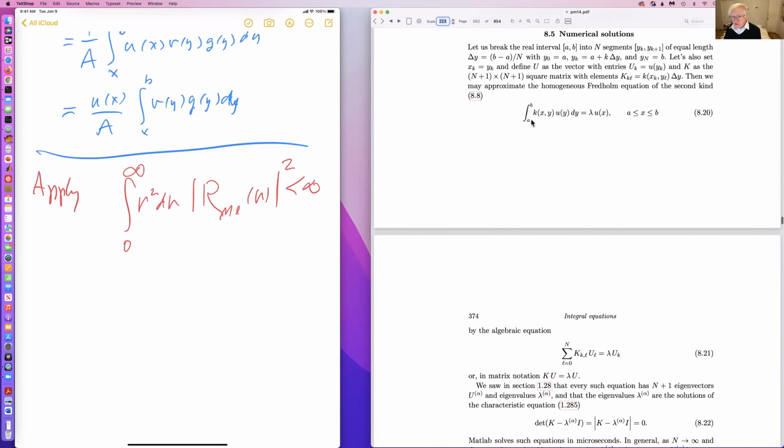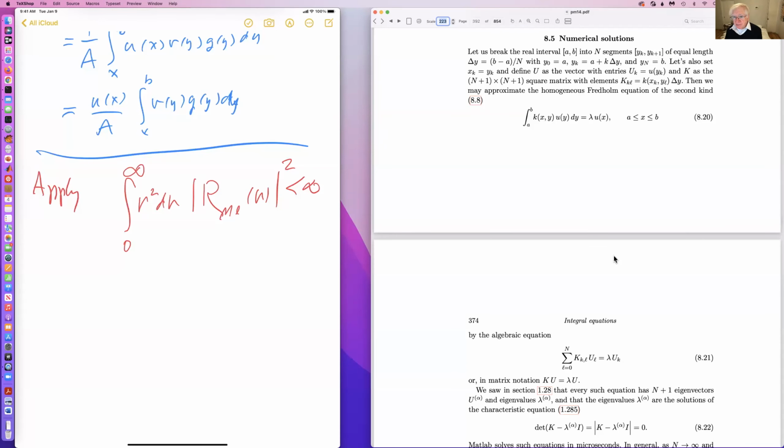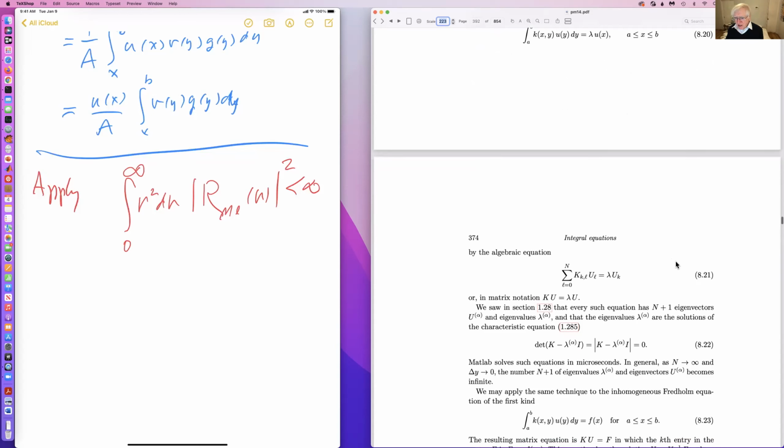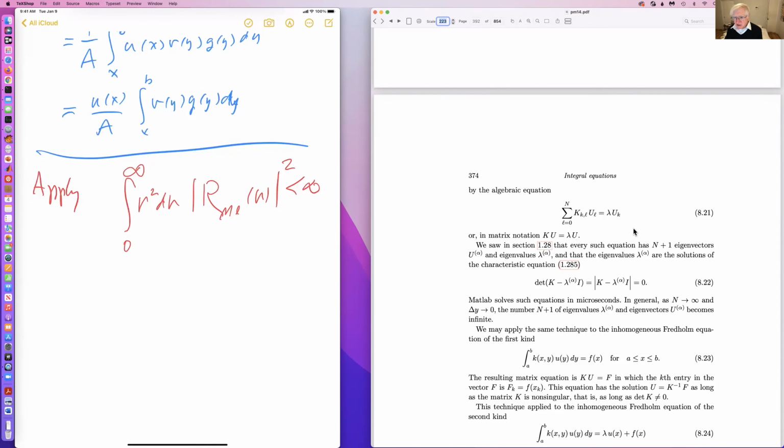You split the interval from A to B into n subintervals with n+1 endpoints, and you then have an algebraic equation defining capital K sub kl as the kernel K(x_k, y_l) times the length of the interval, and the unknown eigenfunction, you turn it into an eigenvector by this discretization, and you have that u sub k is u of y_k. So you then get this linear equation.